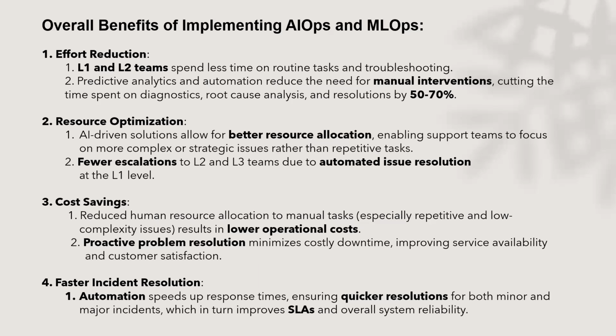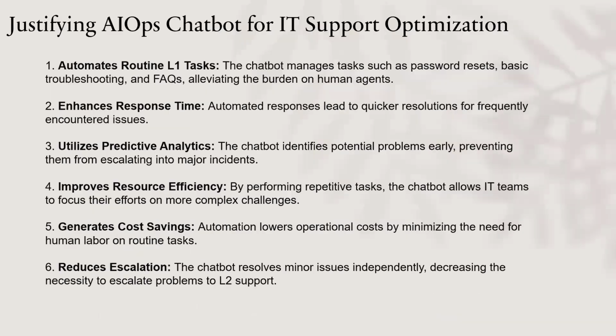So we have a chance to fix the problem before the problem occurs and before the damage starts happening. Faster incident resolution, automation speeds up response times, ensuring quicker resolutions for both minor and major incidents, which in turn improves SLAs and overall system reliability.